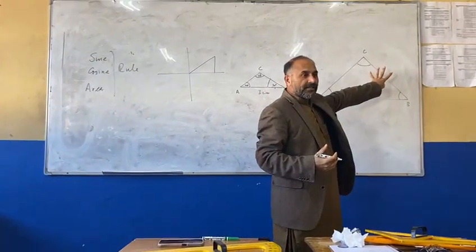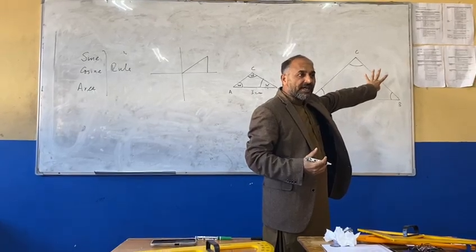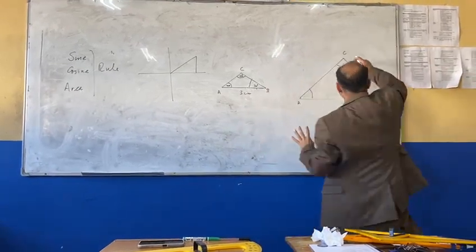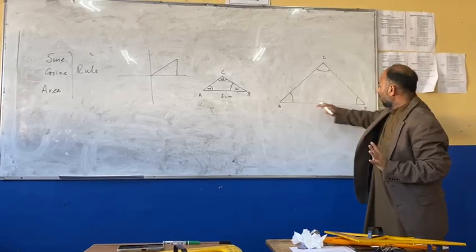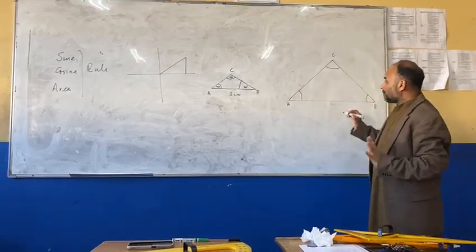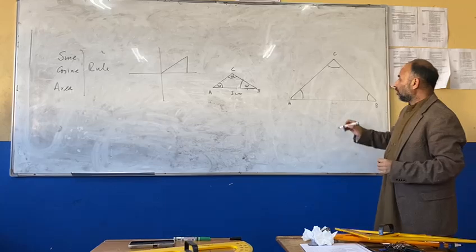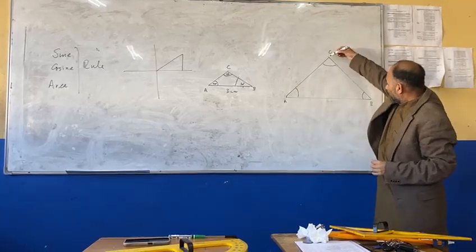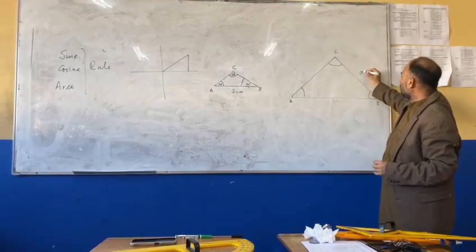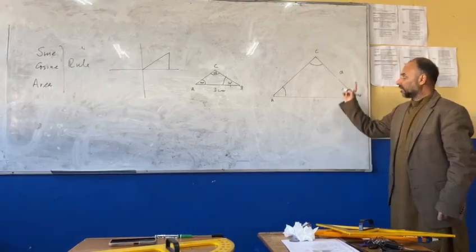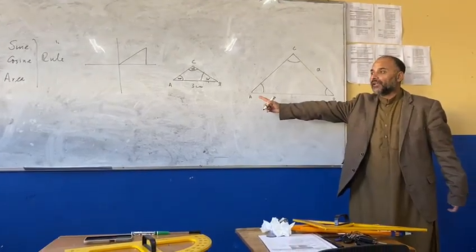But three sides, do you also have names for the three sides? Yes. What is the name of this side? BC, AB, AC. But in the sine rule, what do we call this line? Small a, because it is opposite to angle A.